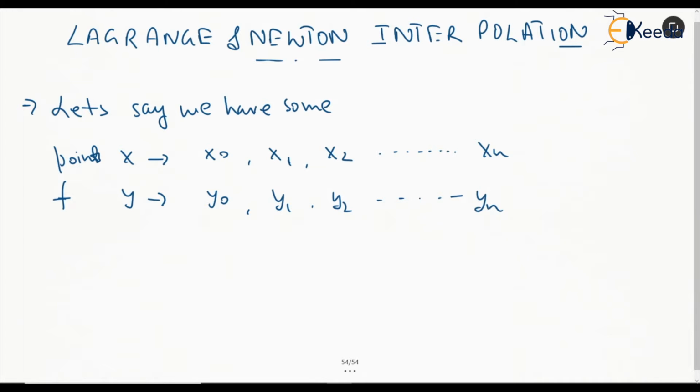Then these points, the points at which the value is occurring, are known as points of interpolation, and these values are known as values of interpolation.